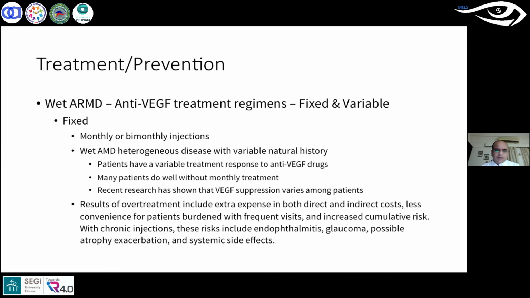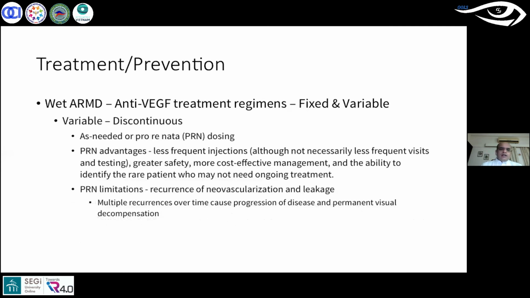This has been known to happen with bevacizumab and is a rider that needs to be mentioned to such patients. In terms of the variable regimen, we have the variable discontinuous, which was as needed or pro rata dosing.